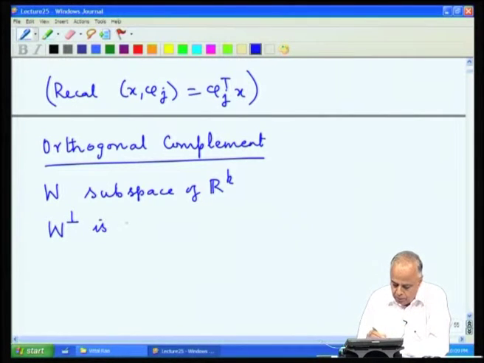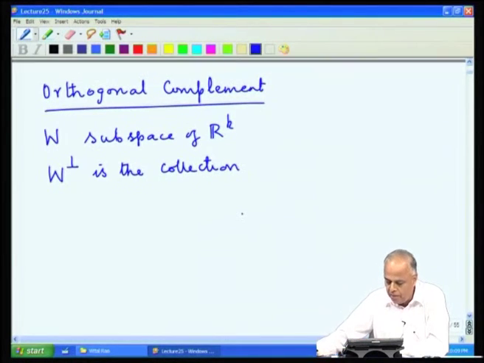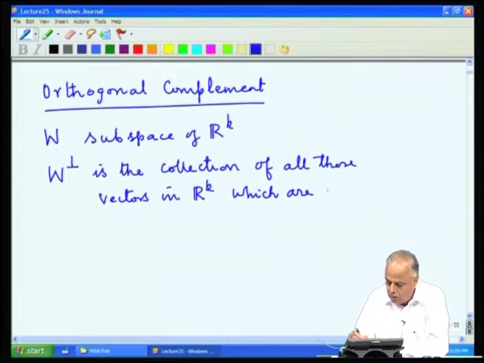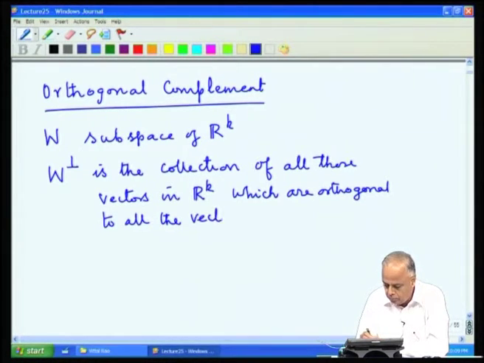W perp is a collection of all those vectors in R^k which are orthogonal to all the vectors in W.